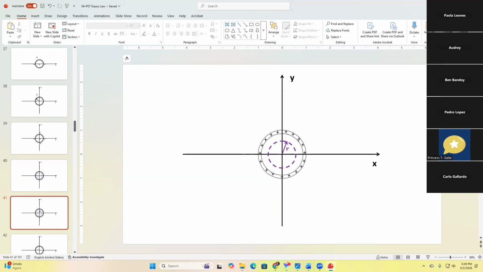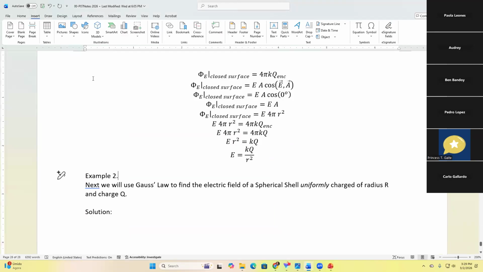So when you write Gauss's law, you should write exactly what's written here. The surface is enclosing zero charge for this specific problem.